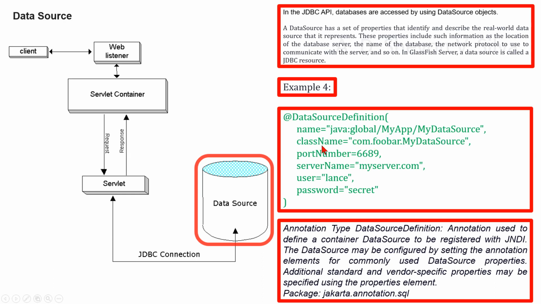Here you can see the required element String className, the name of a data source class that implements javax.sql.DataSource or javax.sql.XADataSource or javax.sql.ConnectionPoolDataSource.